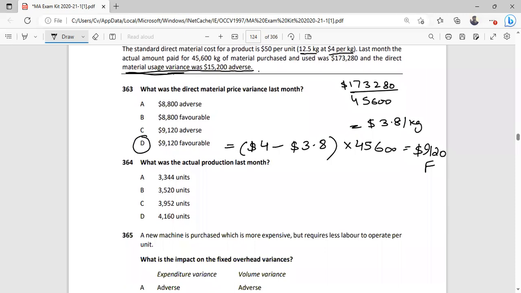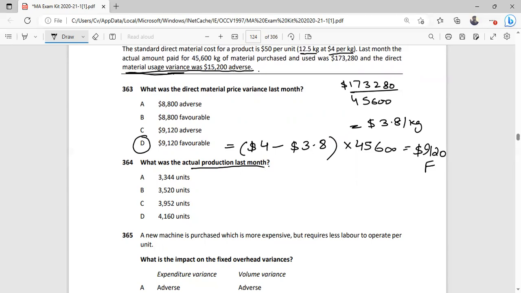Now, what was the actual production units for the last month? Actual production units could be found with the help of the variances. We can use the formula of total variance, or we can use the formula of material usage variance.